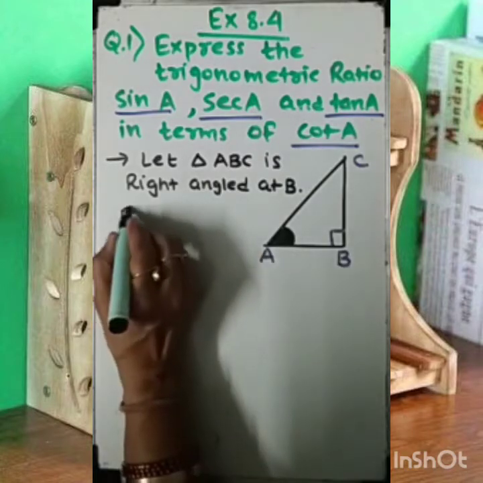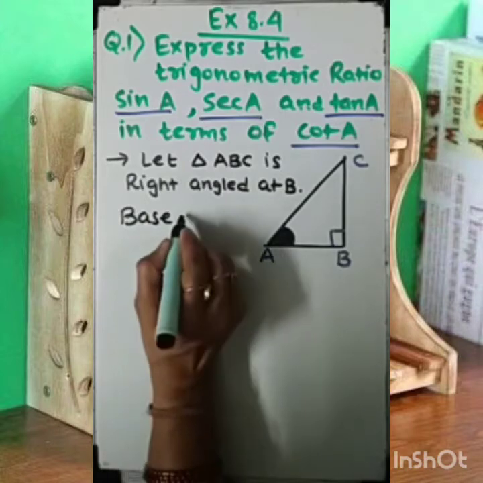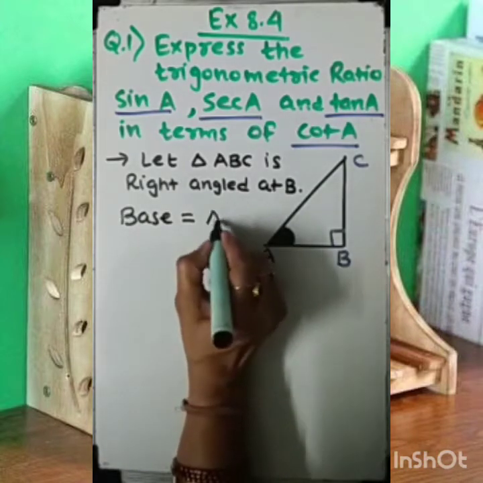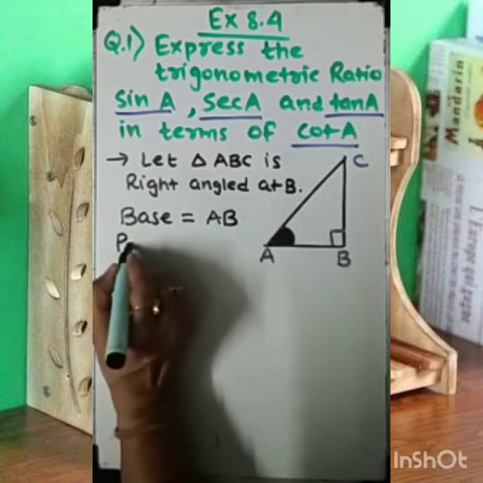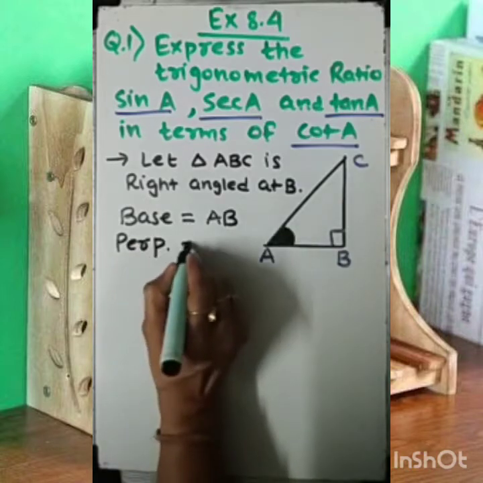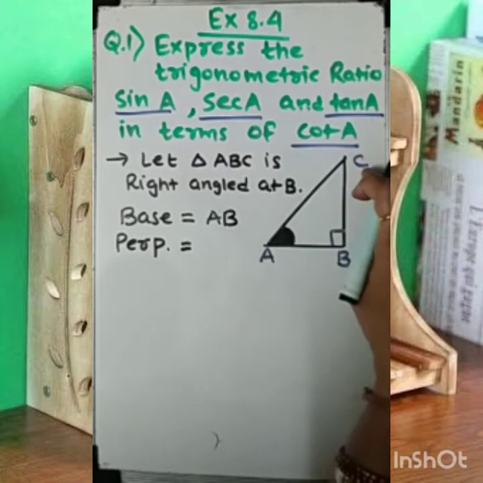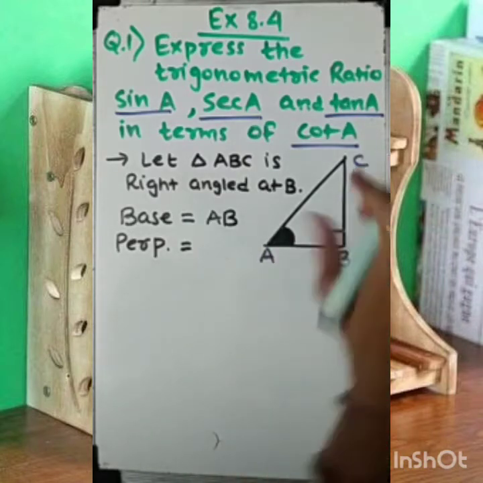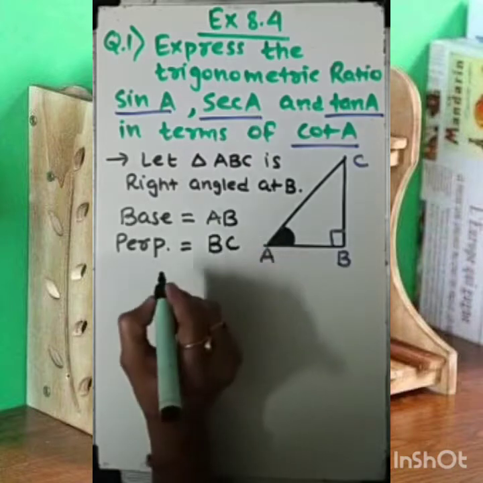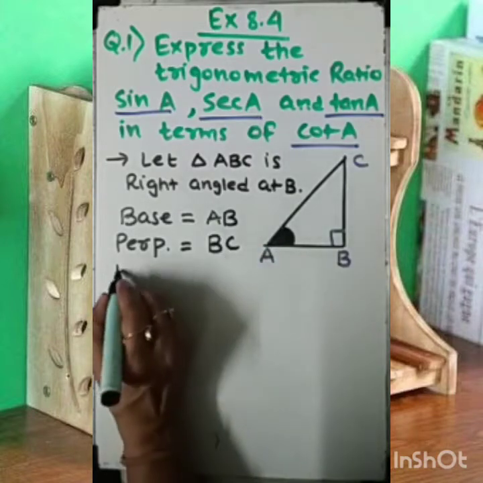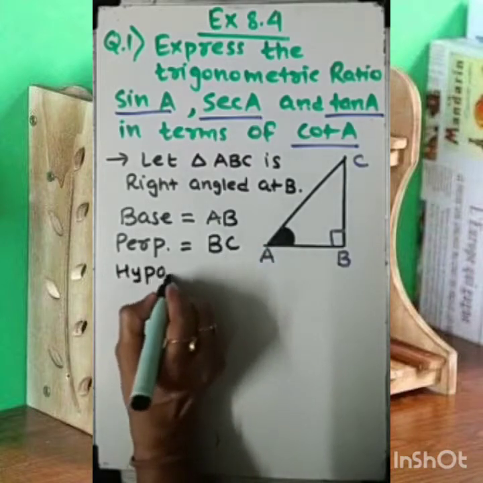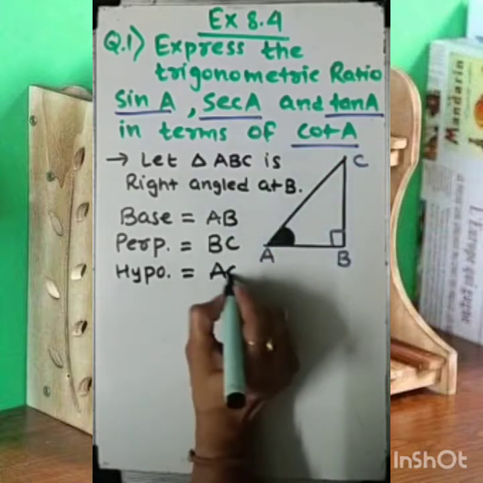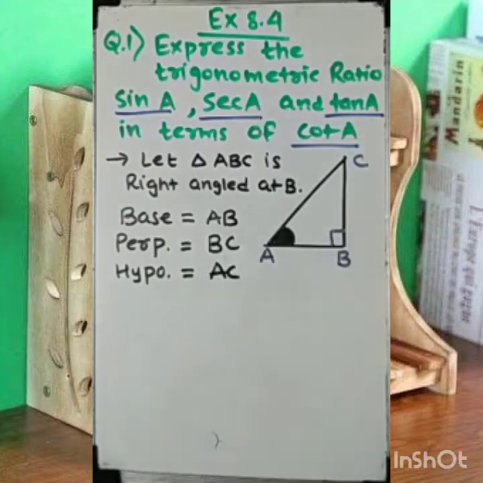Of course AB will be the base. What will be the perpendicular? I am writing in short, of course BC is the perpendicular for angle A. And the third requirement is the hypotenuse. Of course it is AC. So these three things should be very clear in your mind.